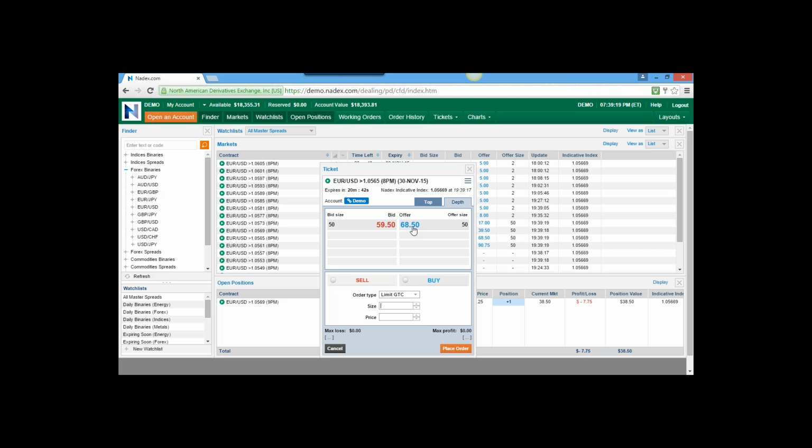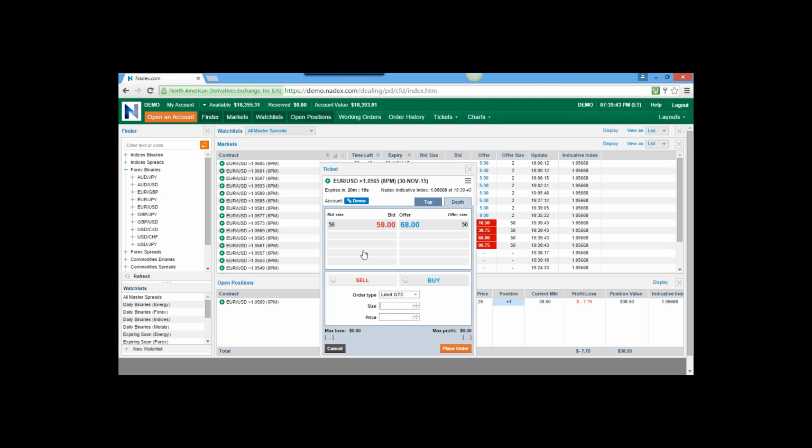Because I'm saying the market would be above 0565. Right now it's at 0566. It goes down two little ticks. I bought it for 68 bucks. It's going to be worth zero. So it works both ways. That's the pro and the con that you've got to be aware of.